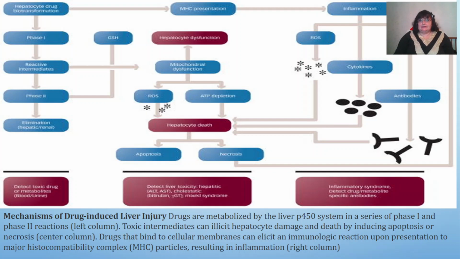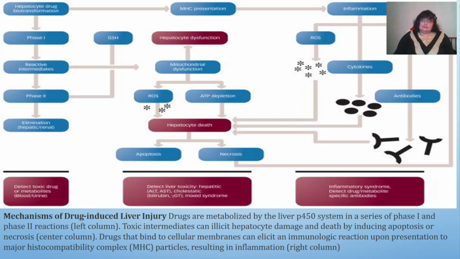And you see that it can be in stage 1, phase 1, with reactive intermediates; phase 2 can be connected with mitochondrial dysfunction, and can be a reason for apoptosis and necrosis.